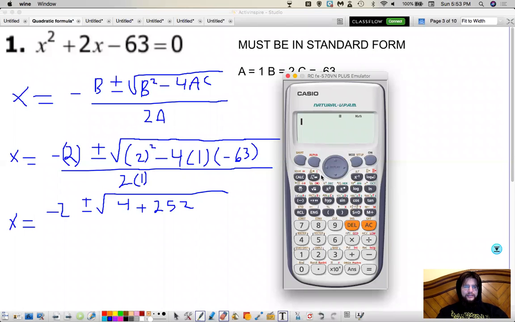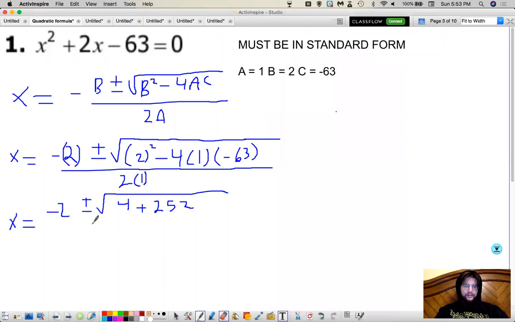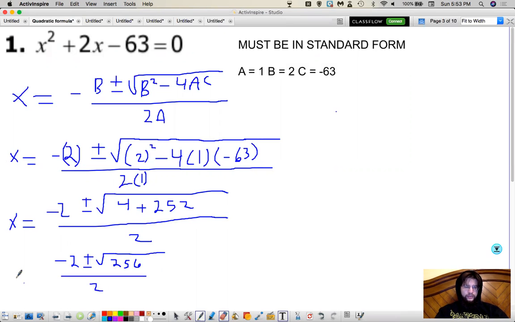All right, so let's see, 252. And that's all going to be over 2 times 1 is 2. Negative 2 plus or minus, combine those like terms, square root of 256 over 2. Don't forget your x equals.